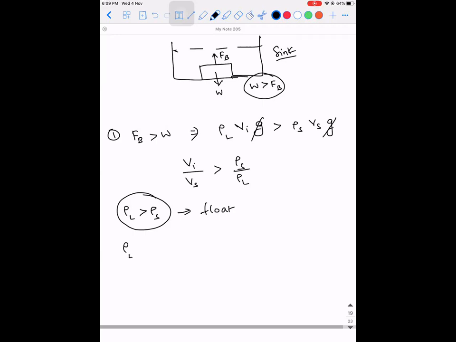Similarly, when the density of liquid is less than the density of solid, it will sink. That is why when you drop an iron nail into a liquid, generally it goes to the bottom. You can collect it at the bottom, because the iron nail, though smaller in size, is more dense compared to water. The molecules of water will not have sufficient strength to stop the iron nail from moving down.